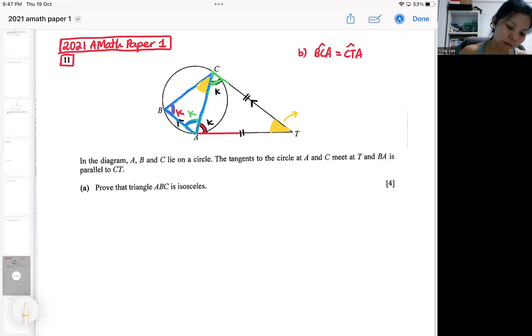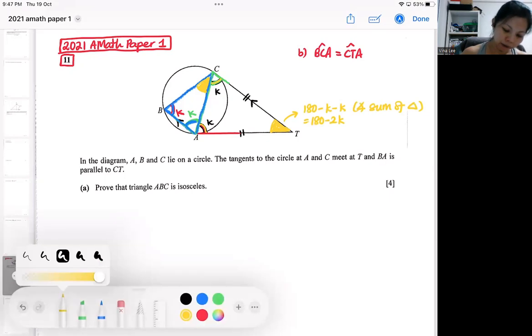You already accounted for why these two are the same. So you can just apply angle sum of triangle. So this angle will be 180 minus k due to angle sum of triangle. So you build on the algebra that you already did in the first part.